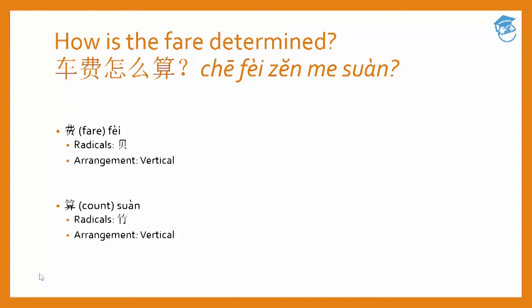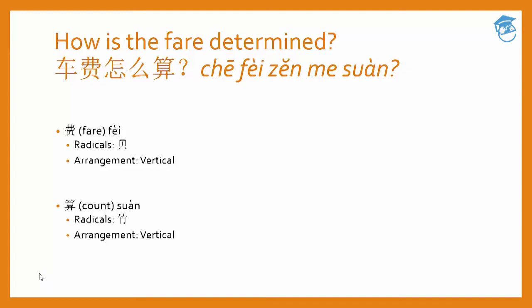So let me decipher it for you. 车费 is the fare for the taxi. Okay, so 车费 is specifically the fare for the taxi. Because the person is in a taxi, it is understood that Jane is asking about the fare for the taxi.